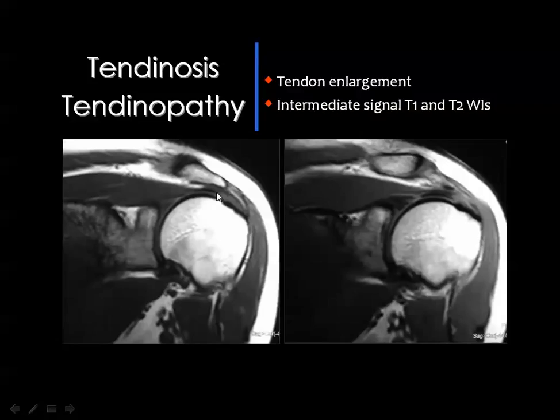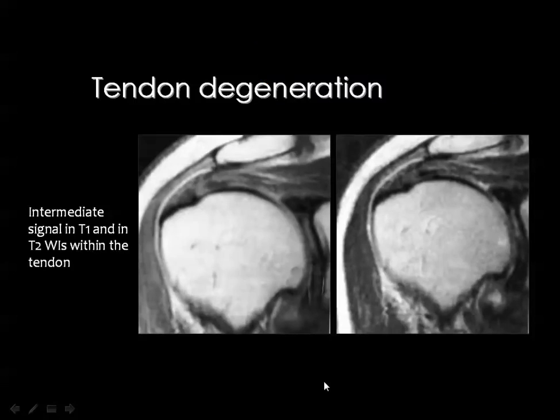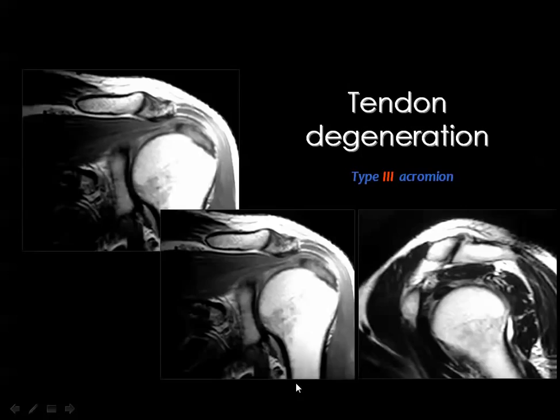You see the supraspinatus tendon showing intermediate signal in the T1 and also intermediate signal in the T2, and this is diagnostic of tendon degeneration. Another example of tendon degeneration is the heterogeneous intermediate signal within the tendon in the T1 and also in the T2 weighted images, diagnostic of tendon degeneration.